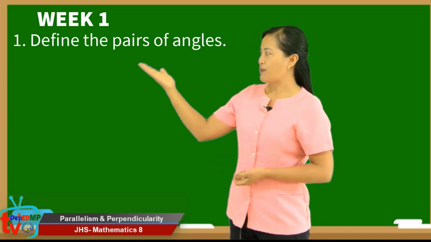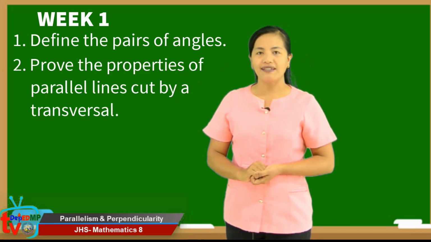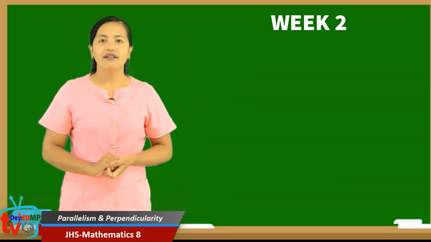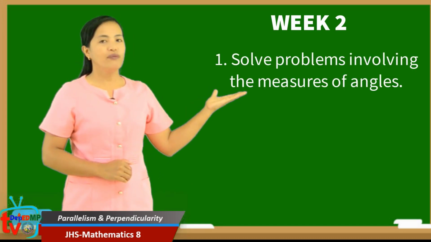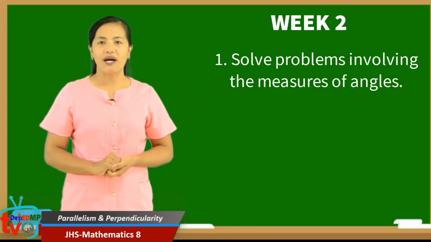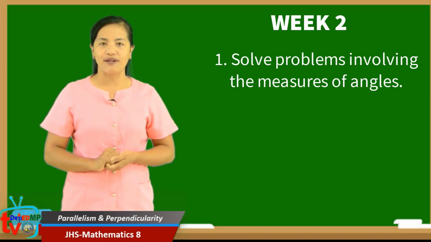Second, prove the properties of parallel lines cut by a transversal. For week 2, you are expected to solve problems involving the measures of angles formed by parallel lines cut by a transversal.